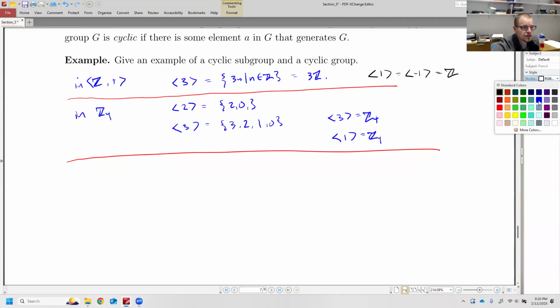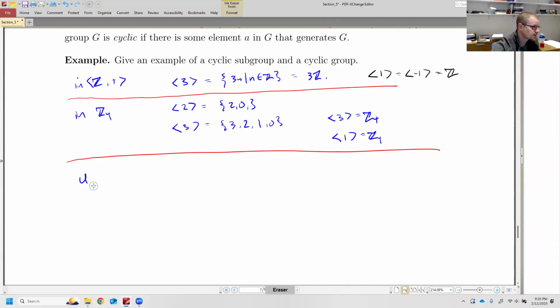Okay, so if I wanted to take a look at U7, for example. Let's start with U7, the complex numbers of unit length, the seventh roots of unity here.